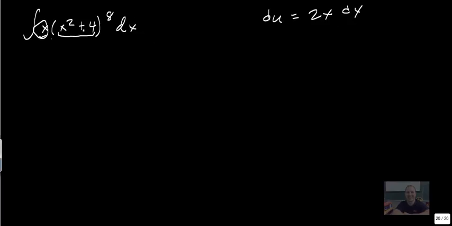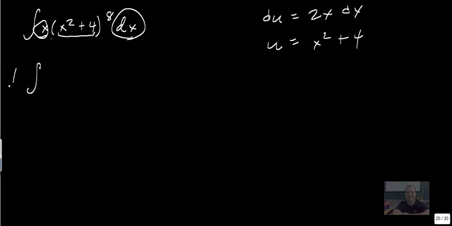And you say, hey, I almost have 2x dx. I have x dx. And so then you say, yes, this can be u. So u is x squared plus 4, and the du can easily be shown here.